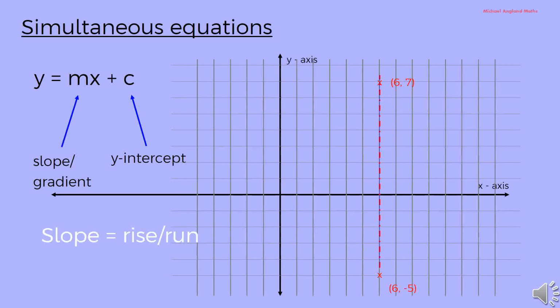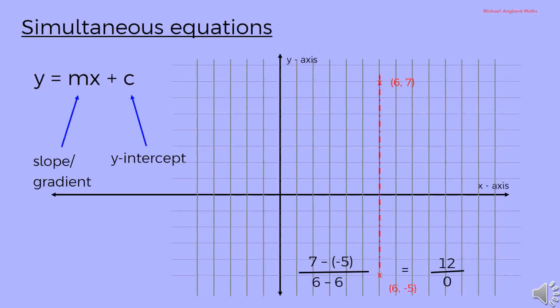Recall that slope is equal to rise over run. Now, calculating the slope, that's y2 minus y1, which is 7 minus minus 5, over x2 minus x1, which is 6 minus 6. Working that out, we get 12 over 0. Suddenly, we have dividing by 0, which is undefined.